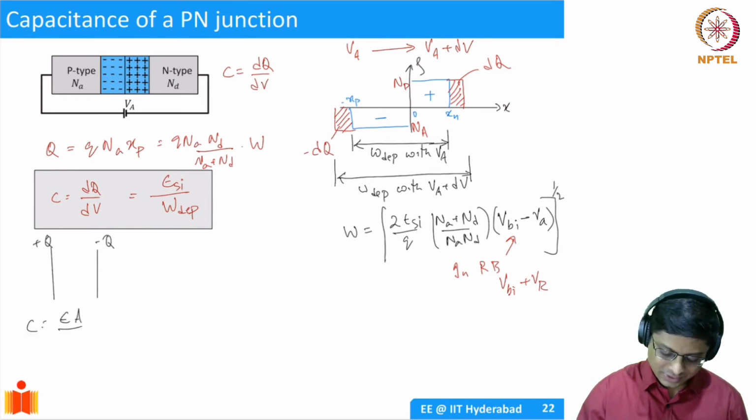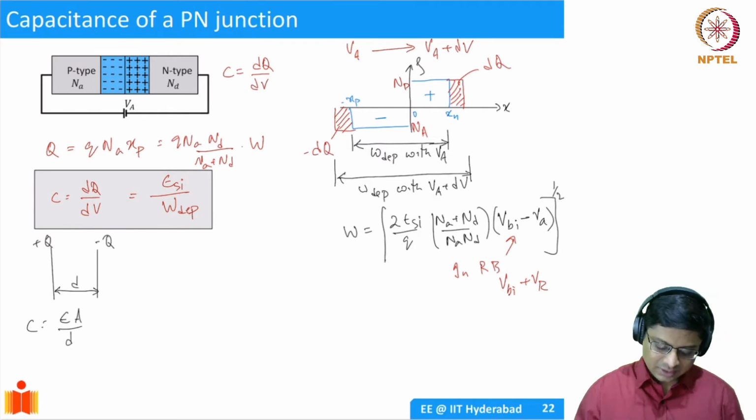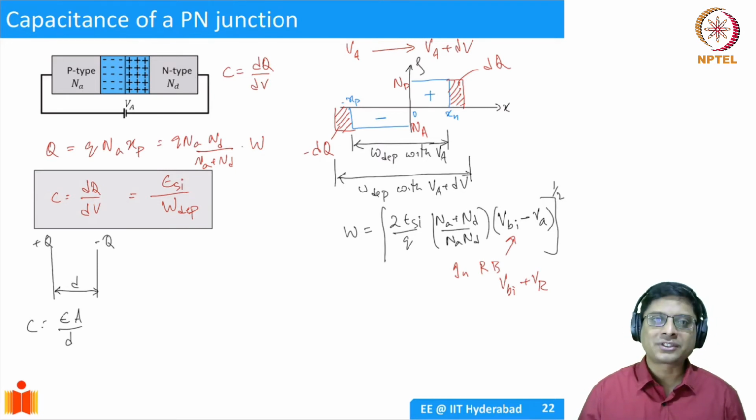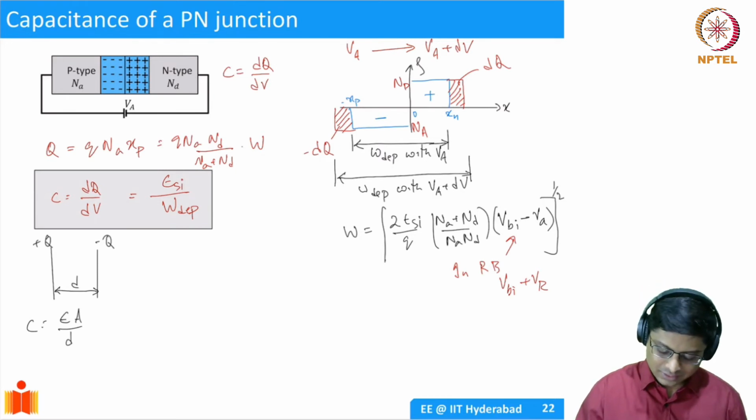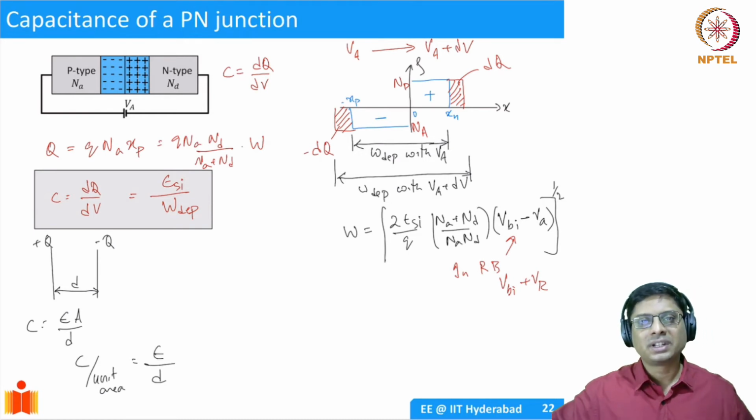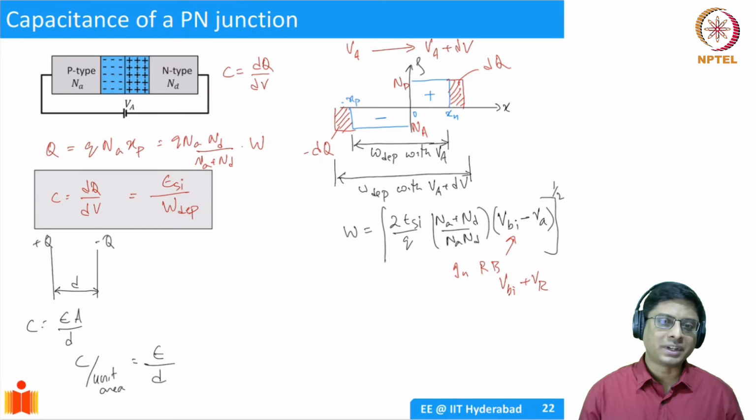If this distance between the plates was D, this is epsilon A by D. Well, if you talk of capacitance per unit area, C per unit area is epsilon by D. So simply the dielectric permittivity divided by the distance between the plates.